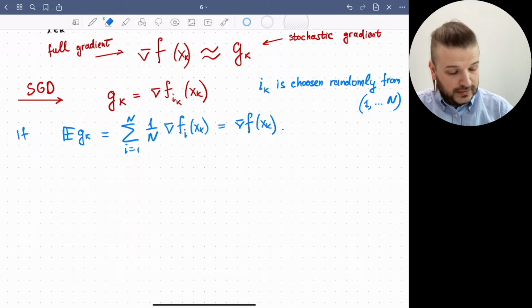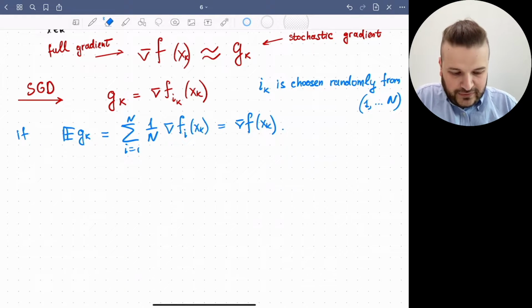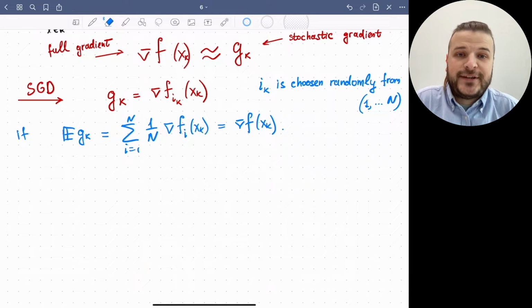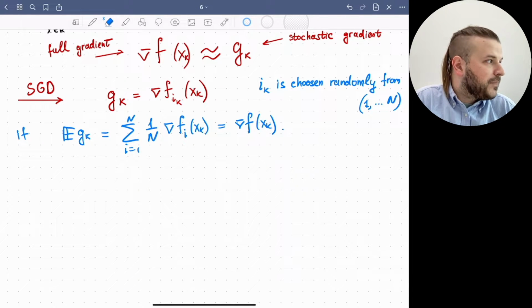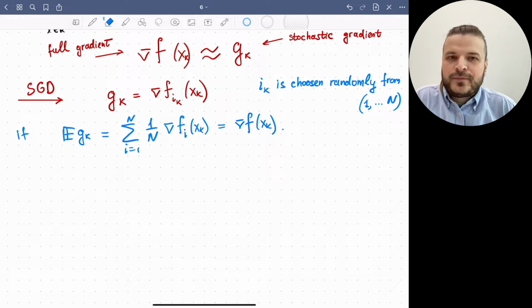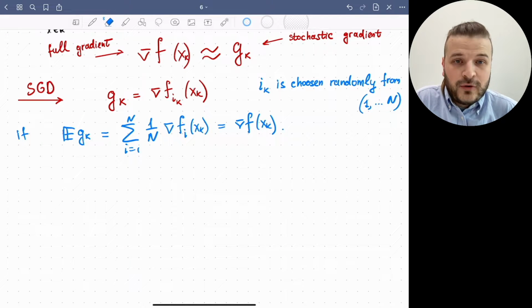which means that such a choice of stochastic estimation of the gradient is unbiased. That's cool. And the interesting question here is: is it okay to select a single summand from the whole sum that was before? Will it be correct enough?